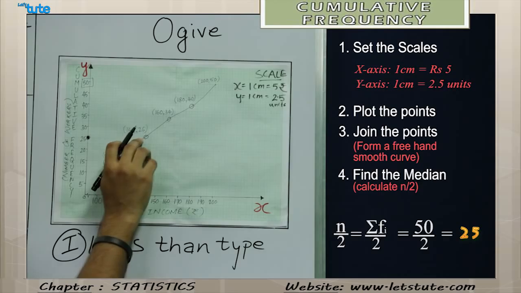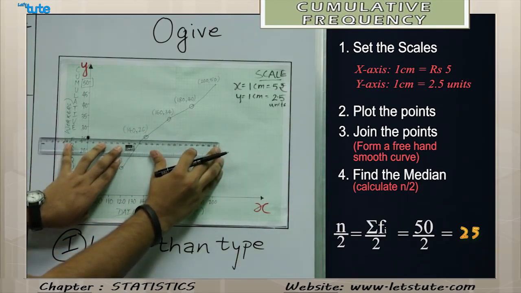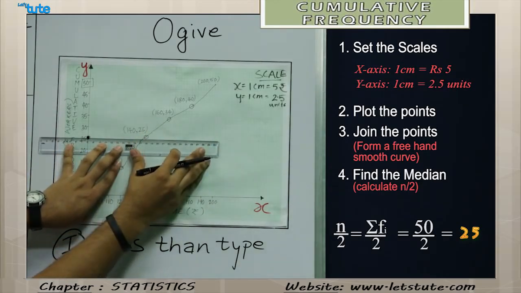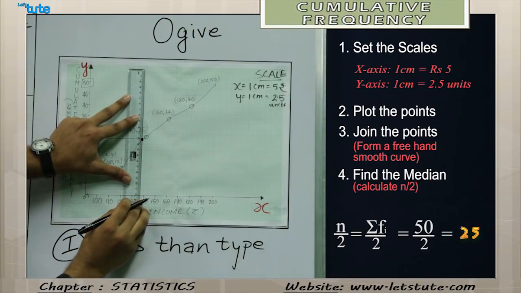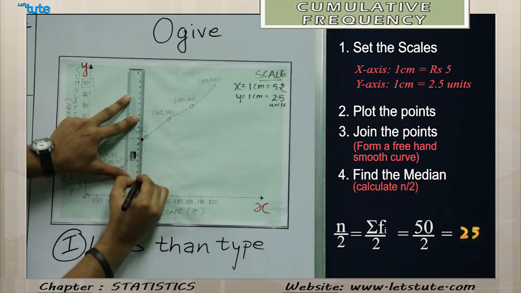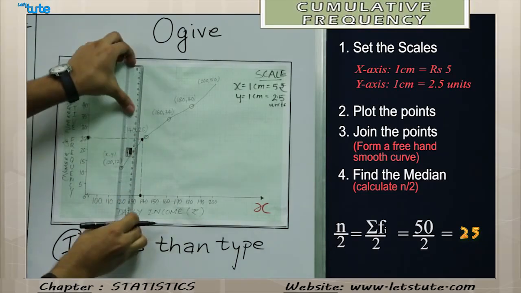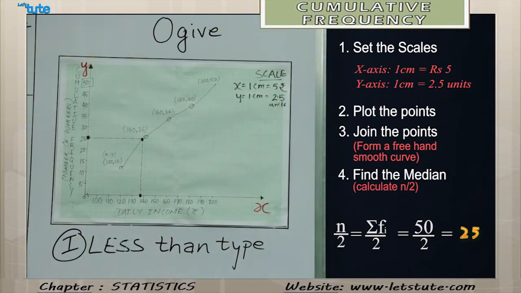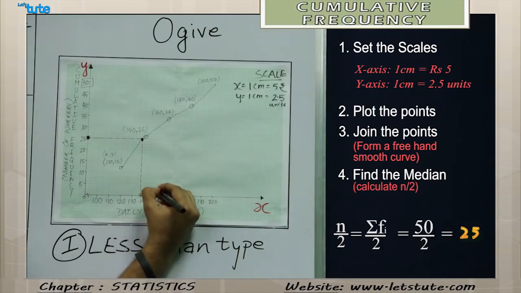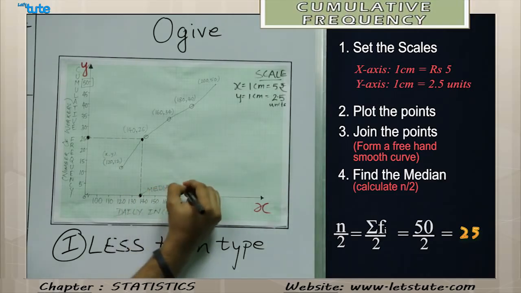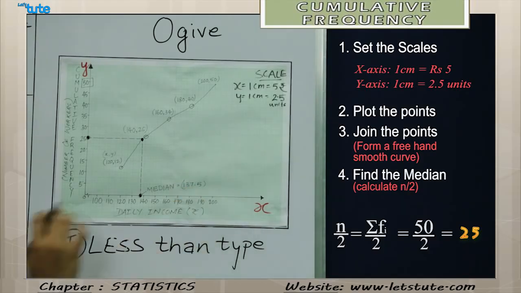So let's start by forming a line. Now this point on the x-axis is nothing but the median, which is 137.5. So the median of this data is 137.5 rupees.